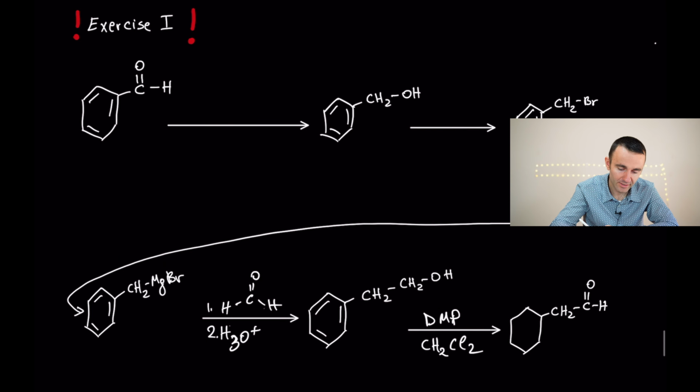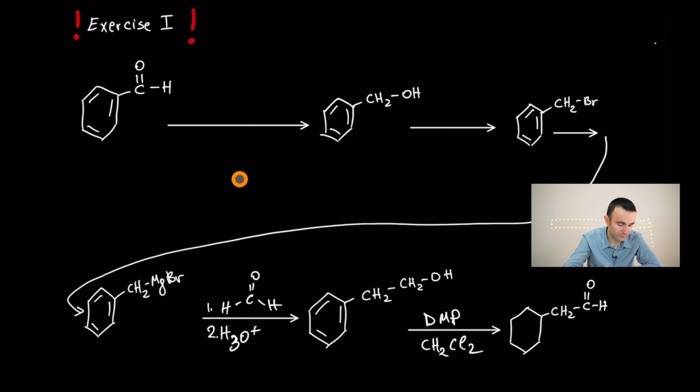Let's move back again. From this halide to form the Grignard reagent, sure, you're going to treat with magnesium in ether. You should know this. And from this primary alcohol to the halide, you're going to treat with those two special reagents. What were they? Thionyl chloride or phosphorus tribromide. In this case, it is phosphorus tribromide in ether.